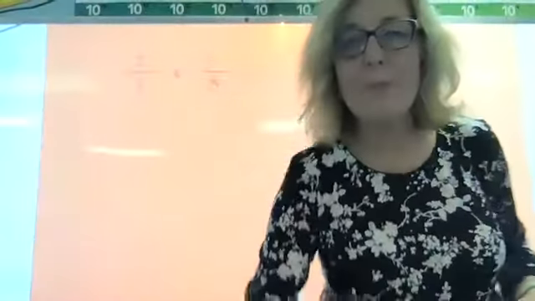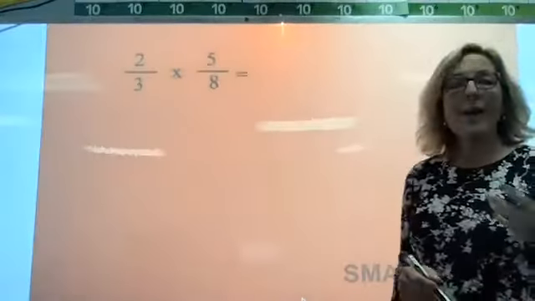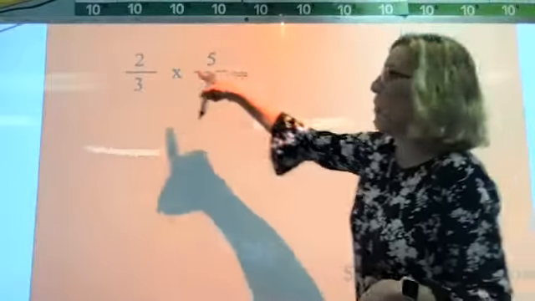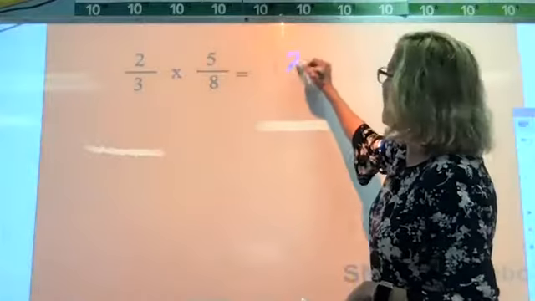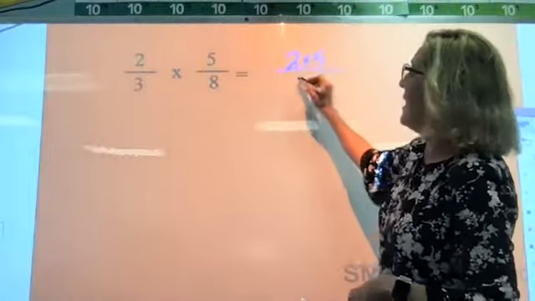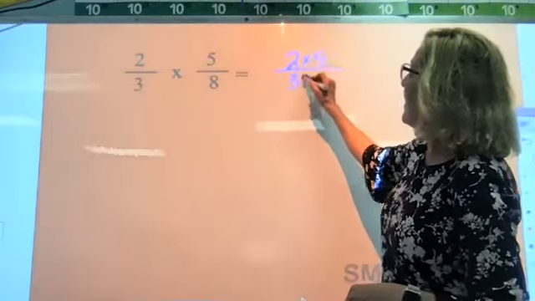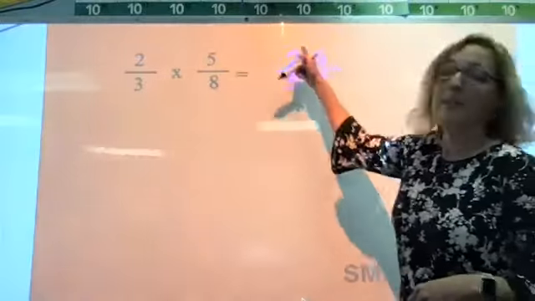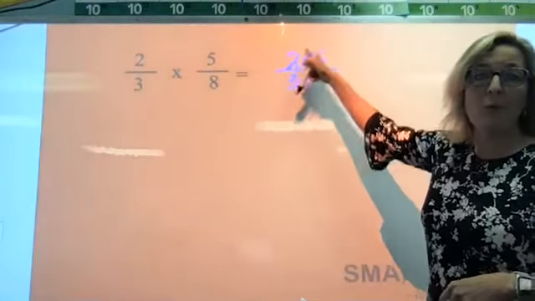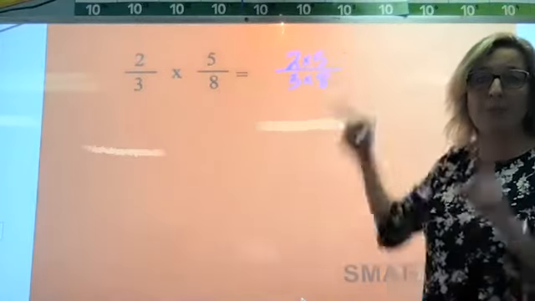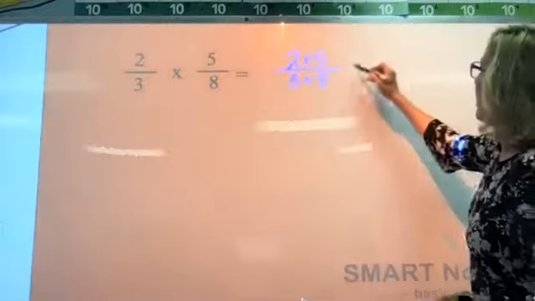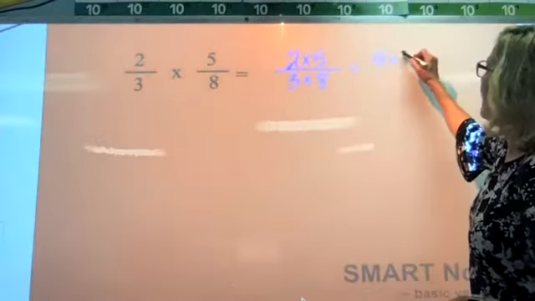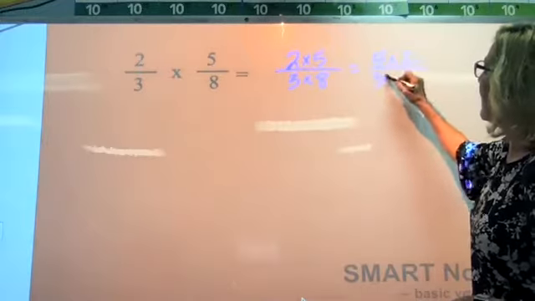Let's go back to the problem we just did. Originally, we said 2 times 5 in the numerator and 3 times 8 in the denominator. The commutative property says it doesn't matter what order we multiply 2 and 5, so we could also write this as 5 times 2 over 3 times 8.